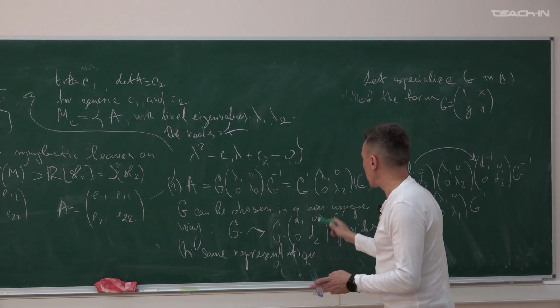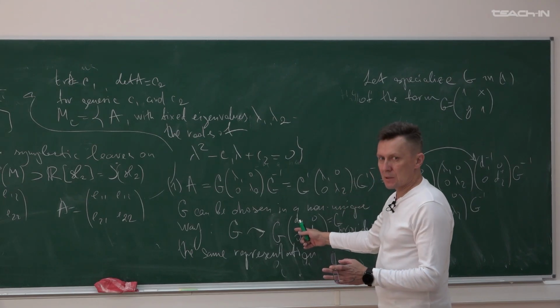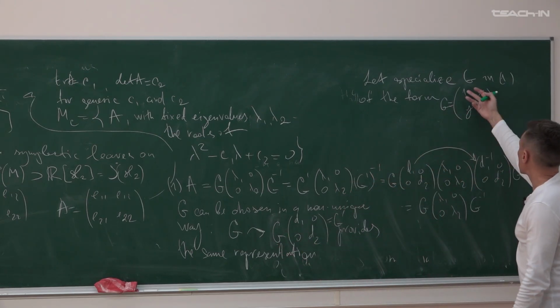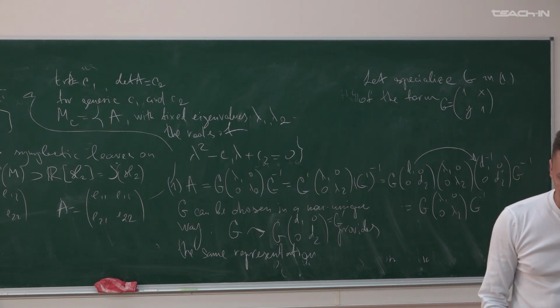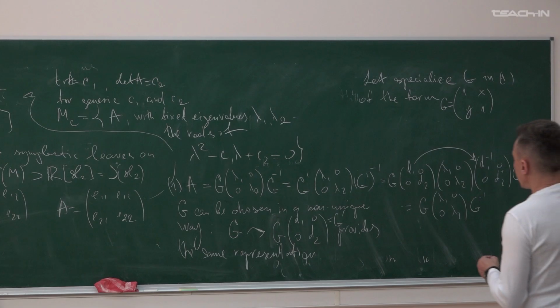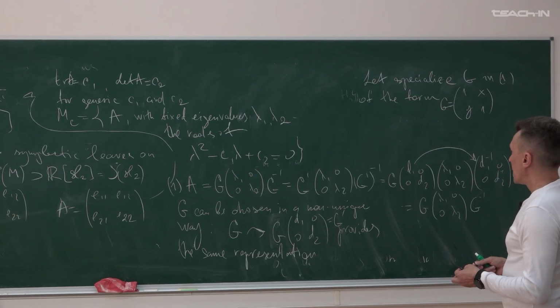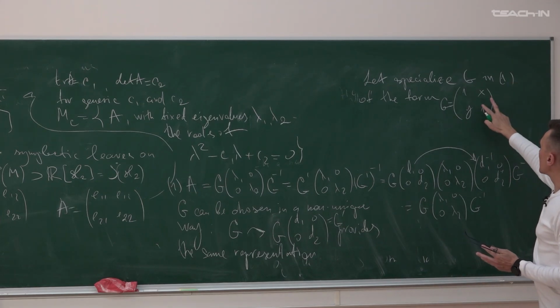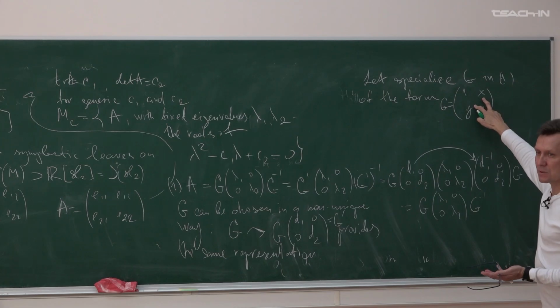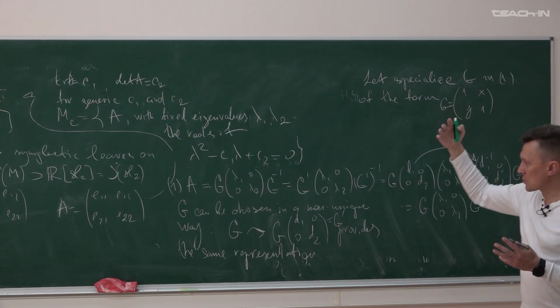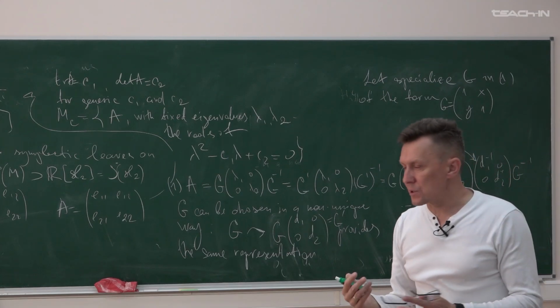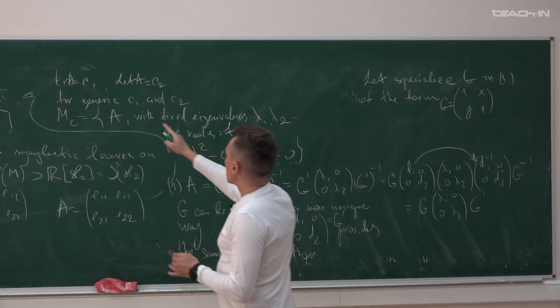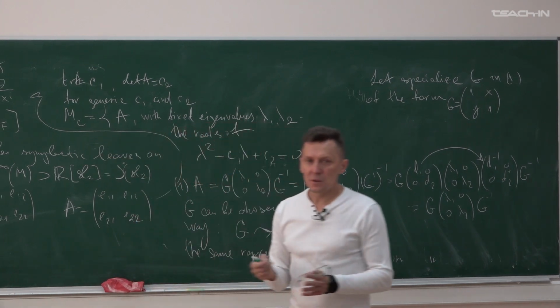Means by this freedom of multiplication by a diagonal matrix on the right, I can choose some particular elements on the diagonal. Okay? Yes, it's clear now. Thank you. So you see now you get two variables. And I pretend to say that they are good coordinates on our symplectic leaf, which is two-dimensional.